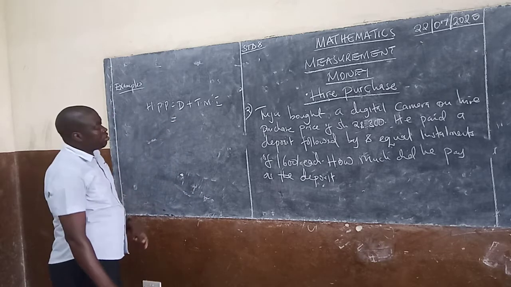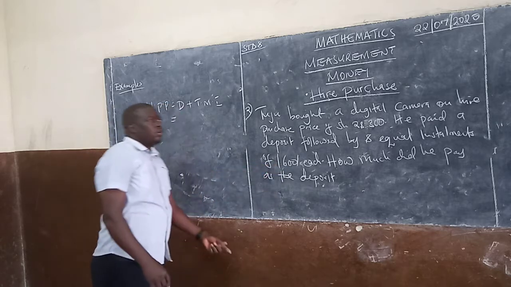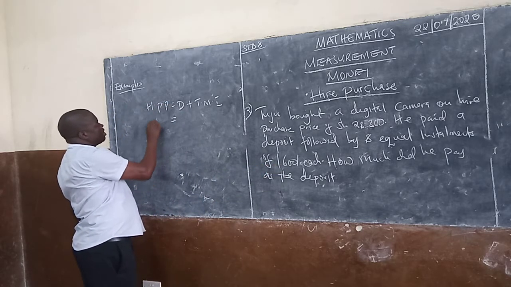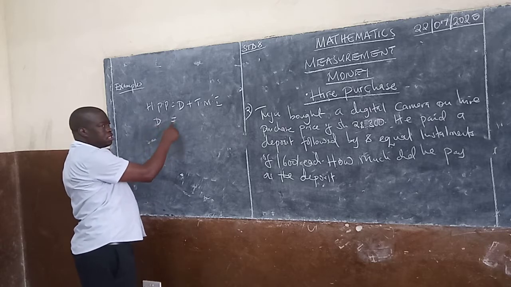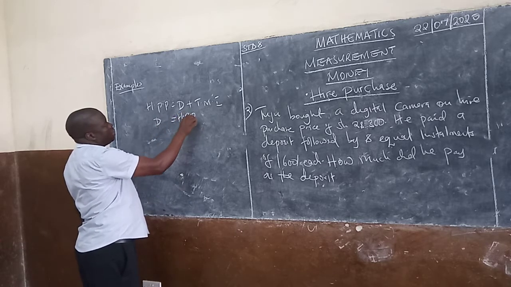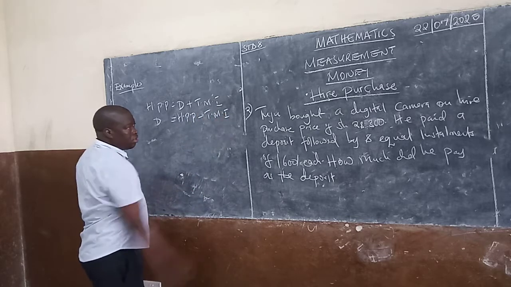So the first thing we need to do, let's get the total monthly installments. So for us to get now the deposit is equal to the HP price subtract the total monthly installments.